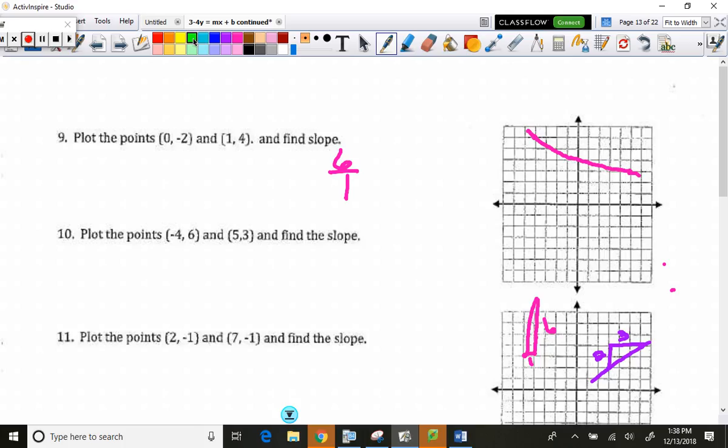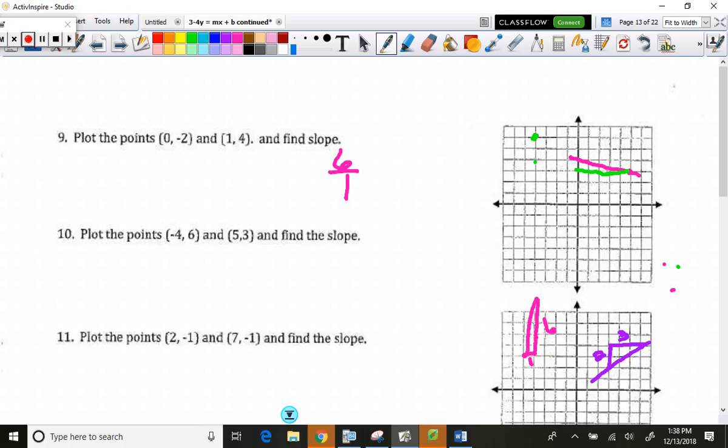Then I'm going to change colors so you can see what I'm doing. So I'm going to draw a step, a little too far on my step, and draw my points very clearly. -4, 6, right there.